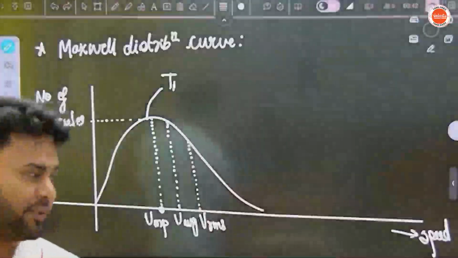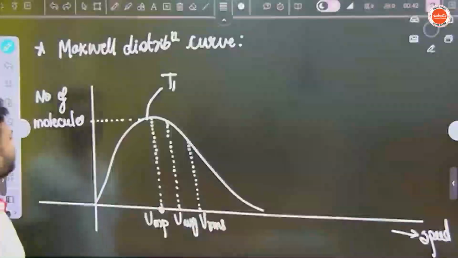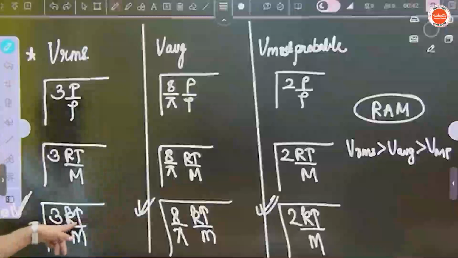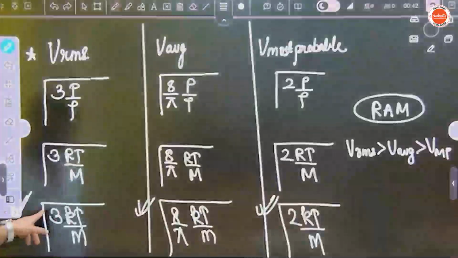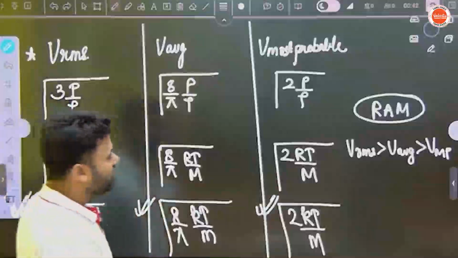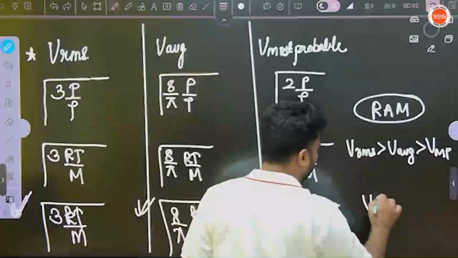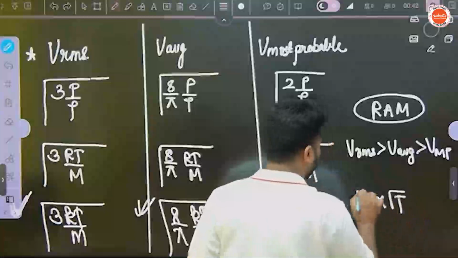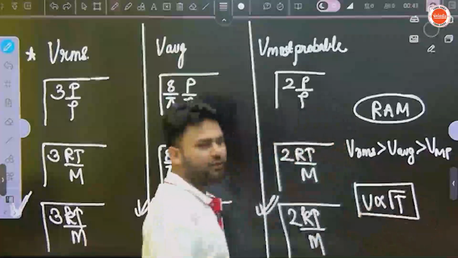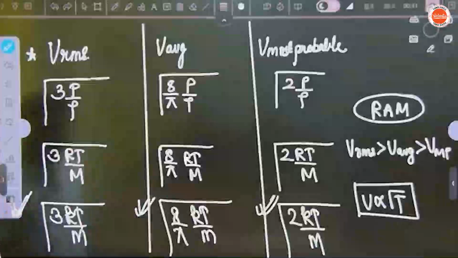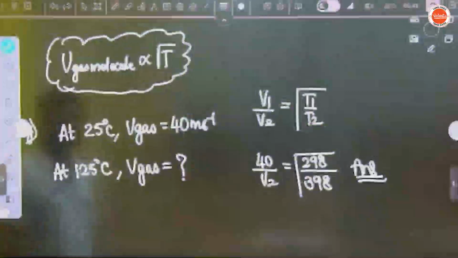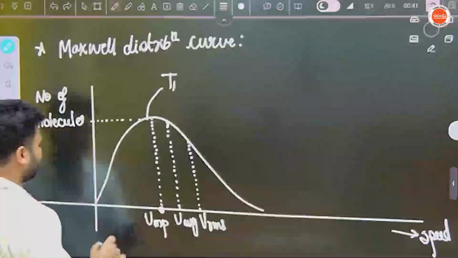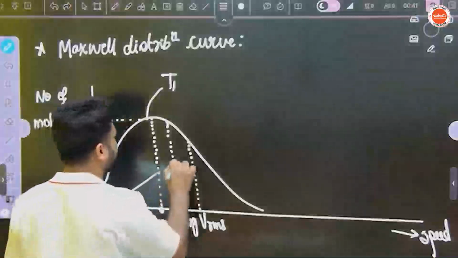Just now we have seen, I told you that the velocity of gas is directly proportional to root T. Means if we increase the temperature, the speed of the gas molecule should also increase. So if we increase the temperature, the graph will be like this.